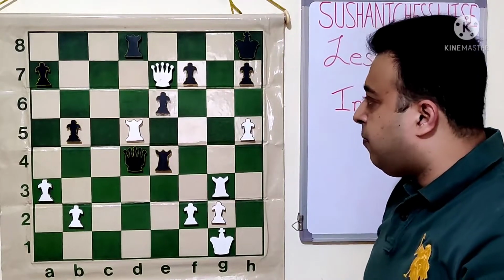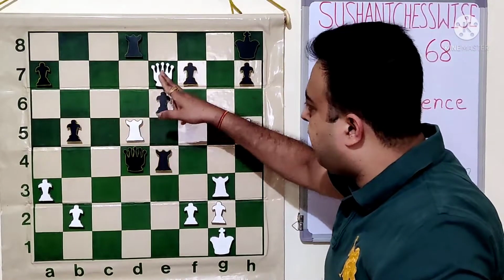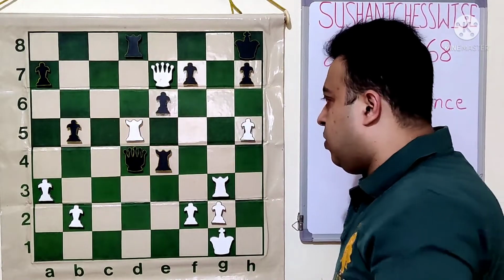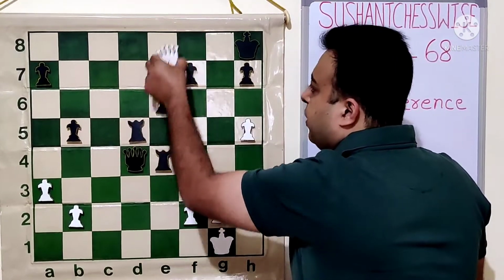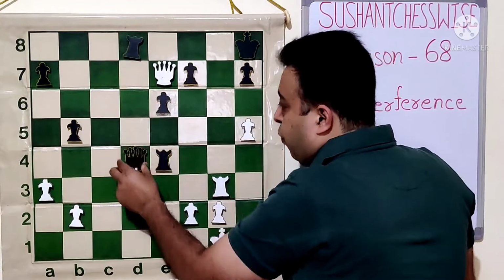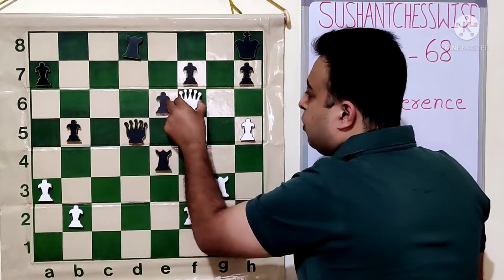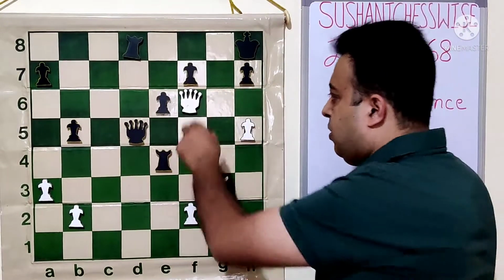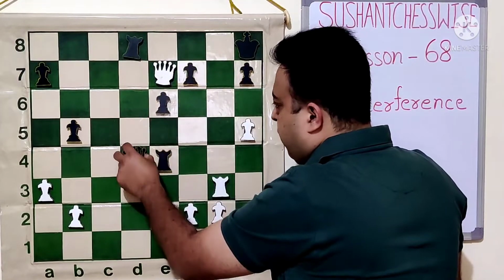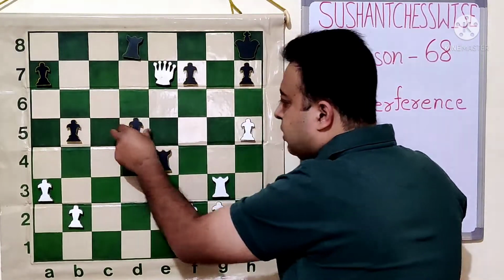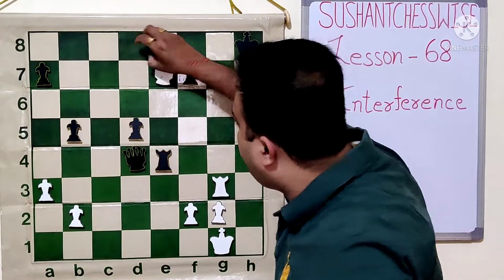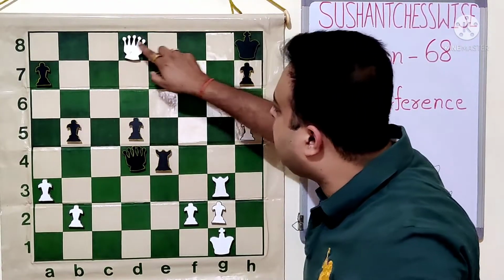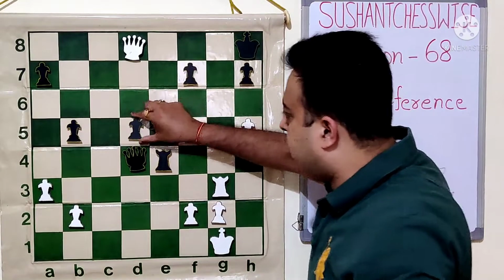Now what happens: if rook takes d5, then queen f8 is mate. If queen takes d5, then queen f6 is mate. And finally if the pawn takes, then the queen's support to the rook is broken, and after queen d8, rook e8, queen takes e8 is checkmate.